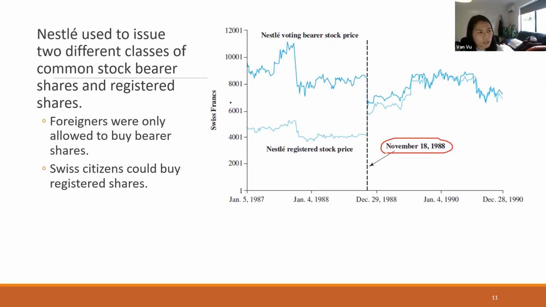Before November 1988, Swiss companies could issue two classes of shares: one class to foreign investors and another class to domestic investors.